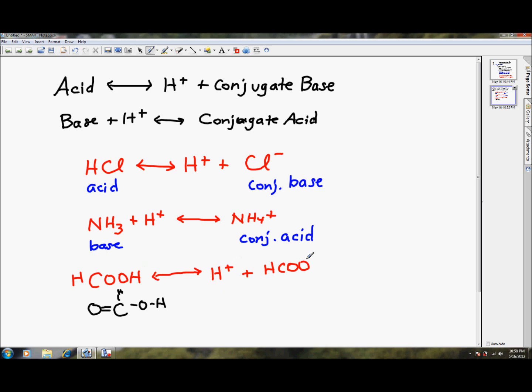Well, we took off the H, and we're taking off one positive charge, so it's going from 0 down to -1. So HCOO minus, or formate, is the conjugate base for formic acid. So remember, if you have an acid and you're trying to find the conjugate base, take off an H, take off one positive charge.